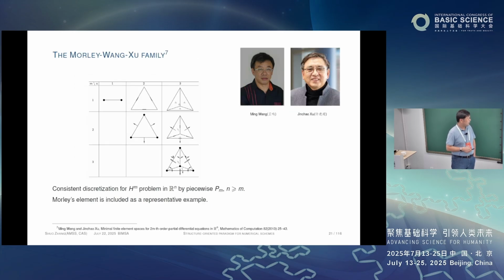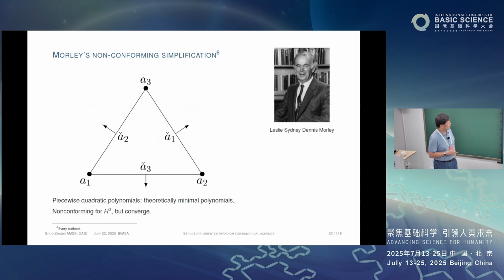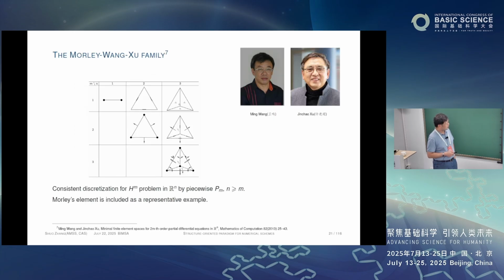Okay, then Morley's element is okay. Let's come back. Morley's element is in 2D and for the H2 problem. And actually in 2007, Professor Ming Wang and Professor Jinchao Xu generalized Morley's element to the so-called Morley-Wang-Xu family.